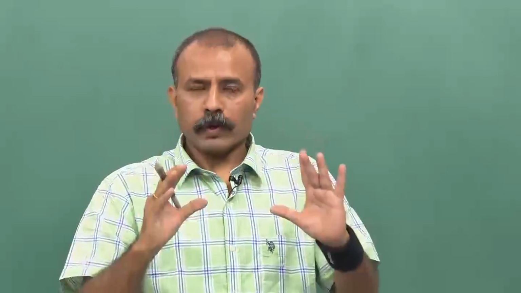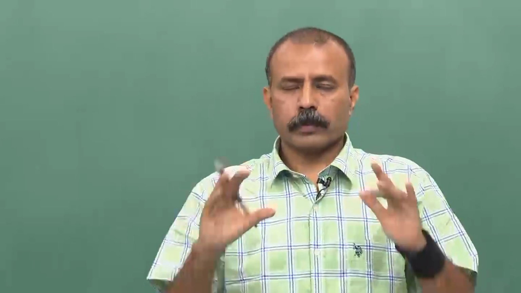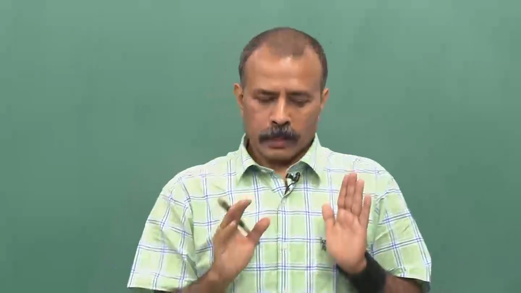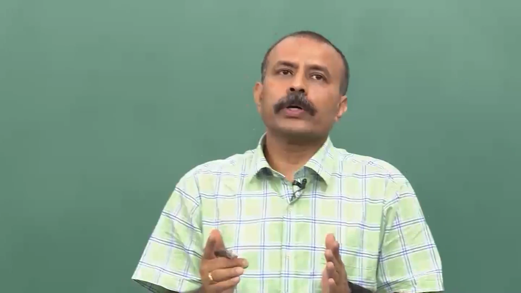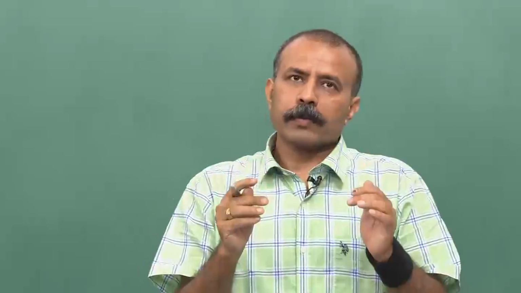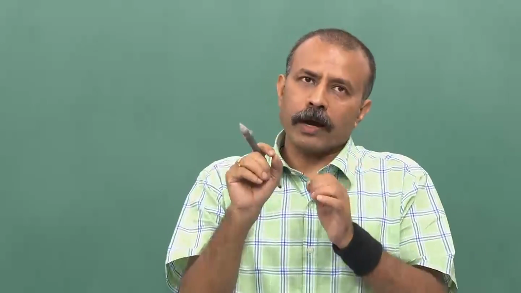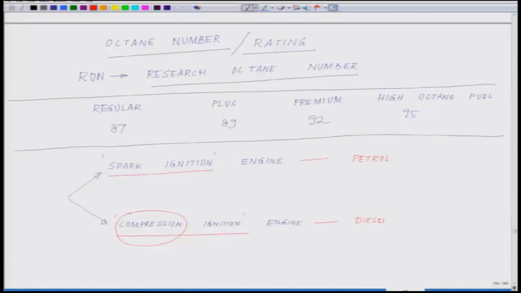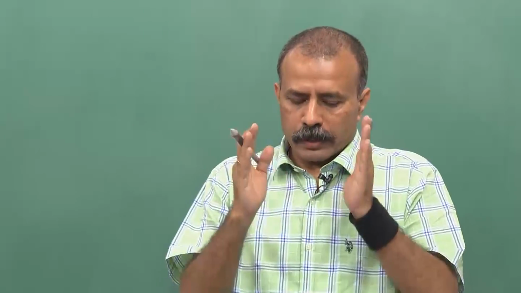These are the basics, and we will draw the whole schematics to make you understand. Just by looking at the words you should be able to understand: spark means for ignition you have to use a spark, while ignition by compressing something is called compression ignition.